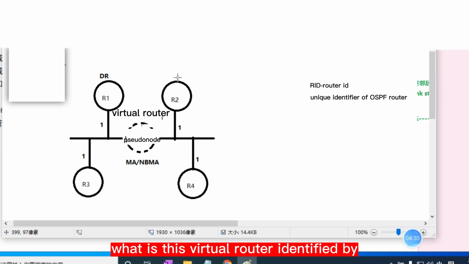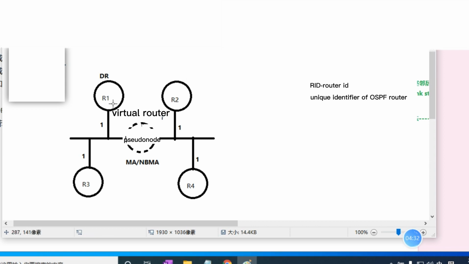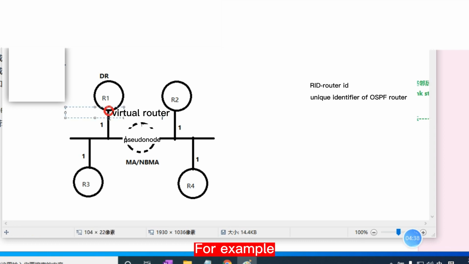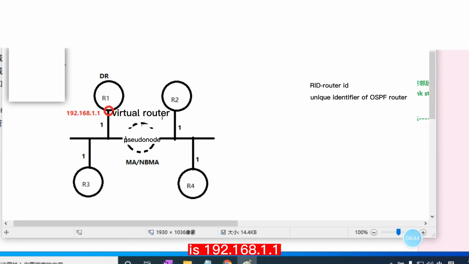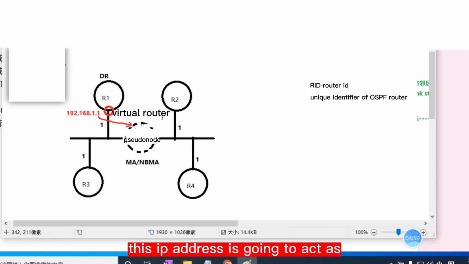So R1, R2, R3, R4 all have RIDs. What is this virtual router identified by? It uses the DR interface IP address to identify it. For example, if the IP address of the DR interface is 192.168.1.1, this IP address acts as the RID of this virtual router. Why do it this way? I think that's pretty clear.